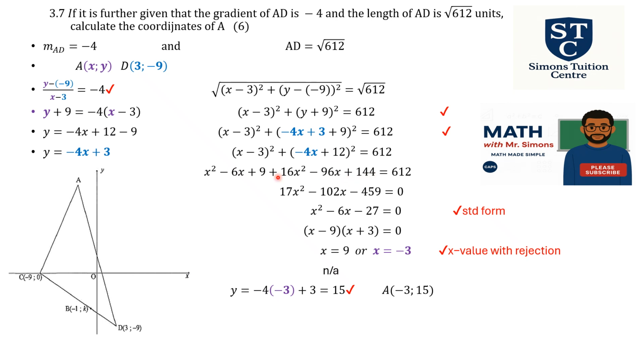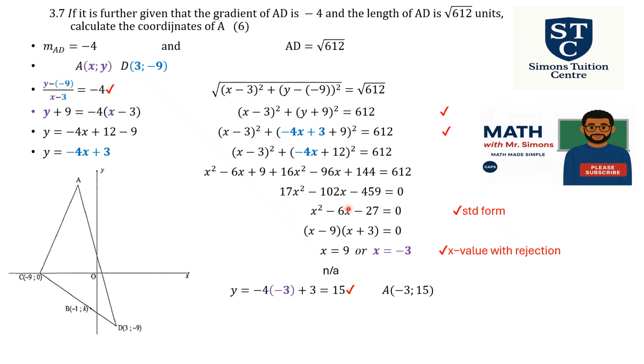If I simplify, 16x squared plus x squared gives me 17x squared. -96x minus 6x gives me -102x. 9 plus 144 gives me 153. Minus 612 gives me -459 equals 0.